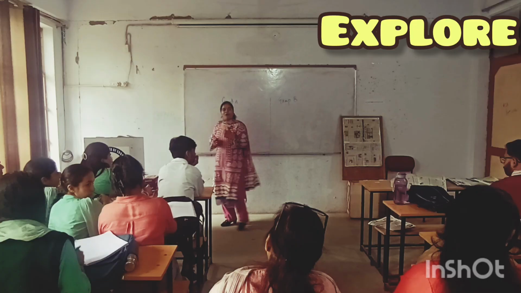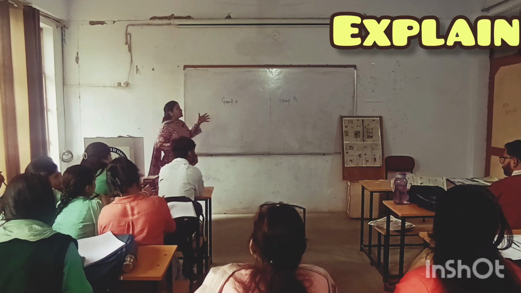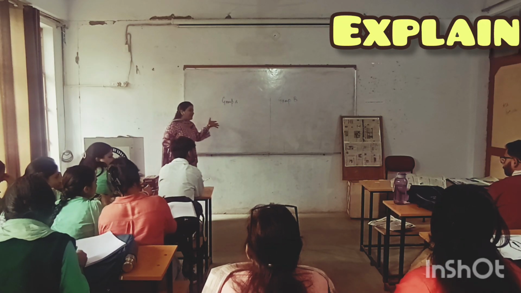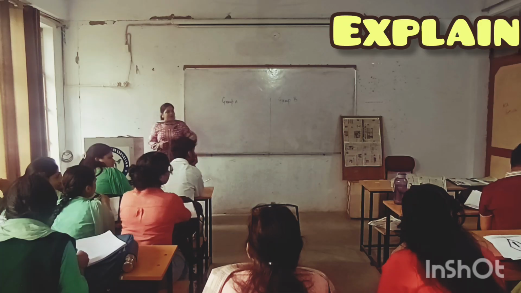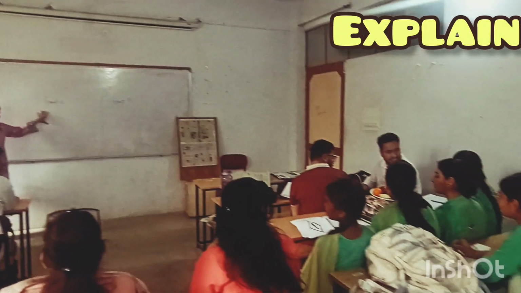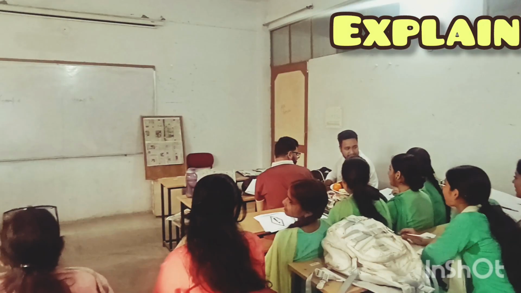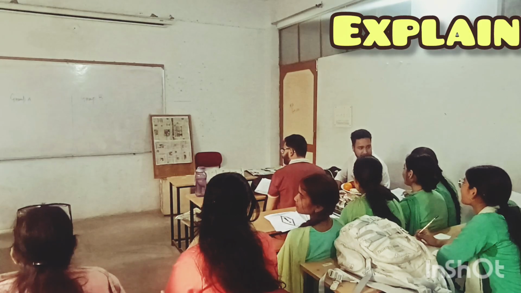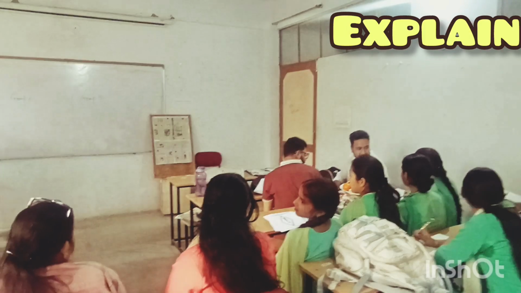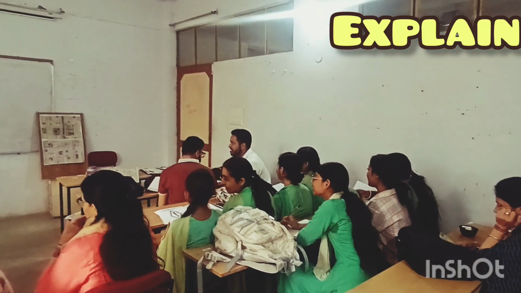Any one of you just come forward and write down your observation regarding the first thing. Come forward, bache, and write your observation, what you have observed on the plate.